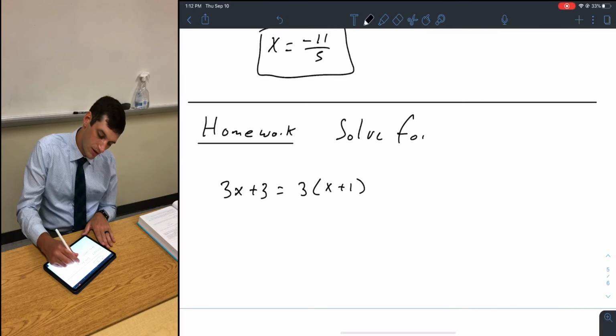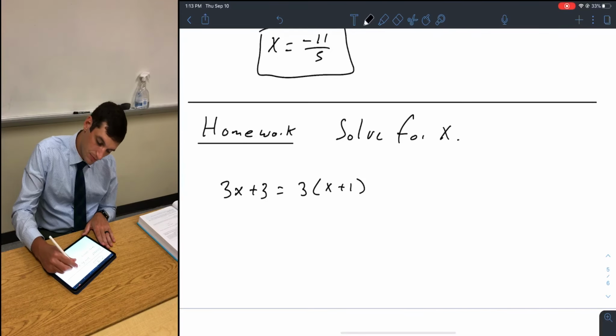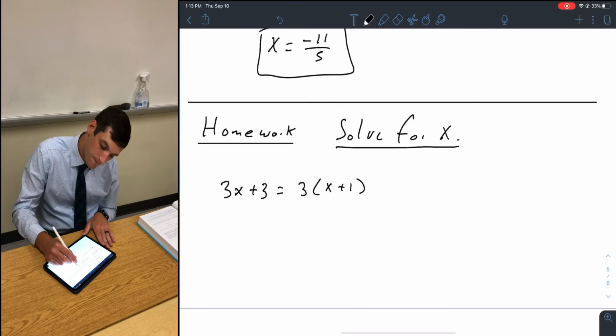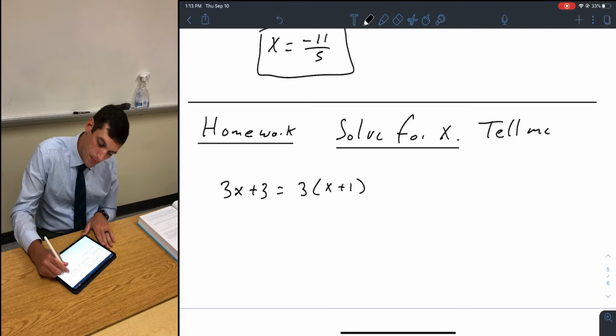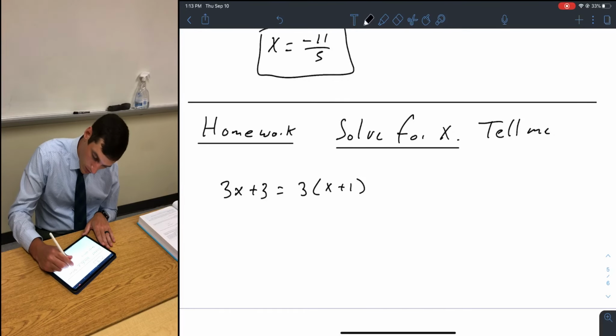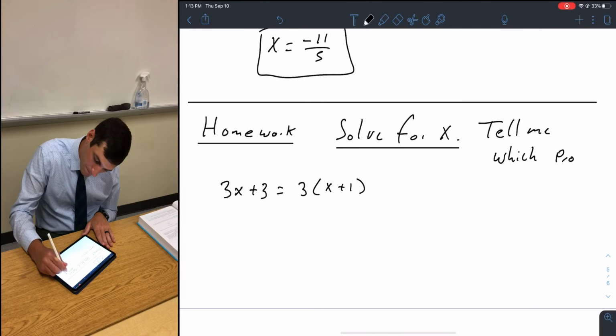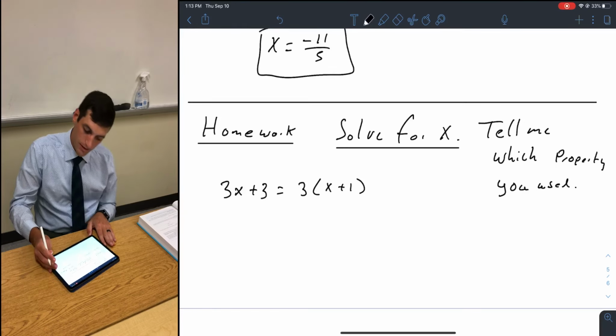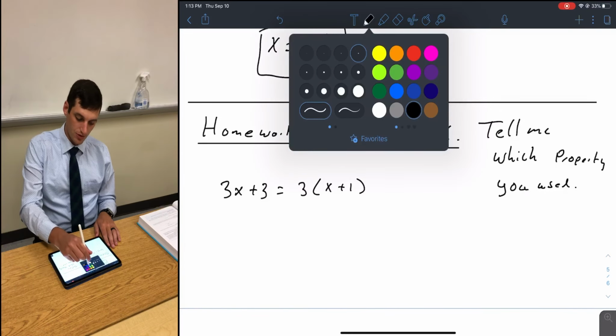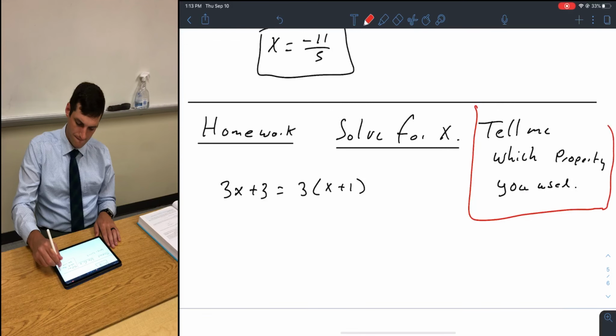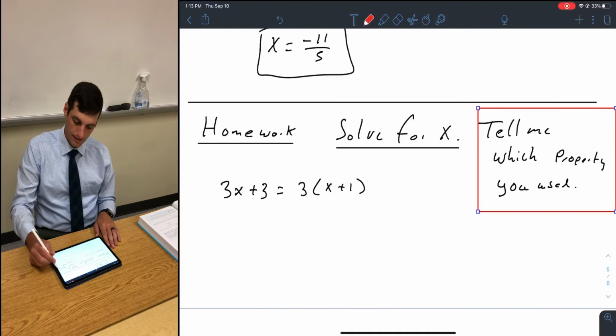Solve for x. Tell me which property you used. I'm going to draw a little box around that because I can.